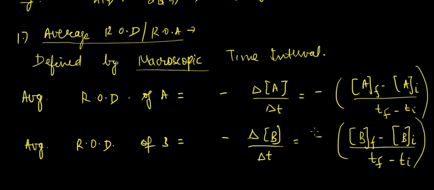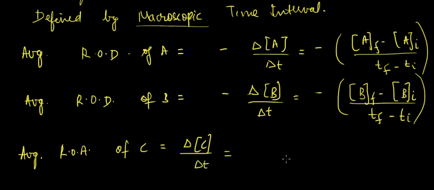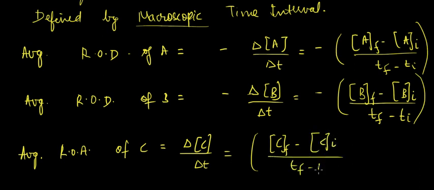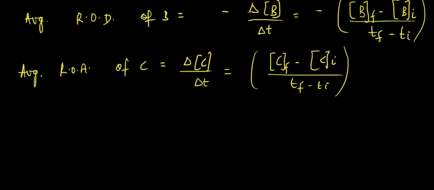Then let us define the average rate of appearance of C. This can be written as change in molar concentration of C per unit change of time. So this can be written as CF minus CI divided by TF minus TI.